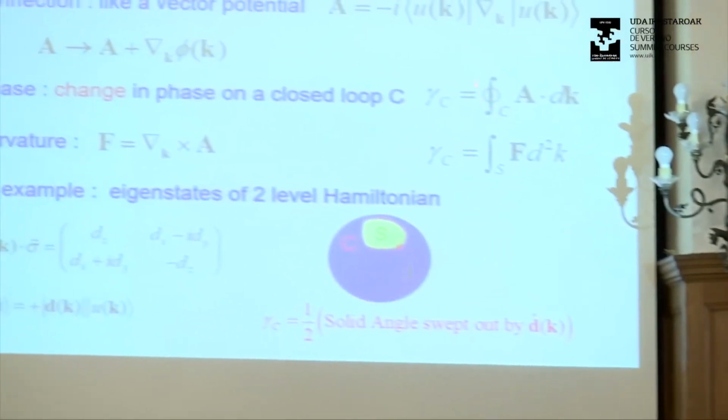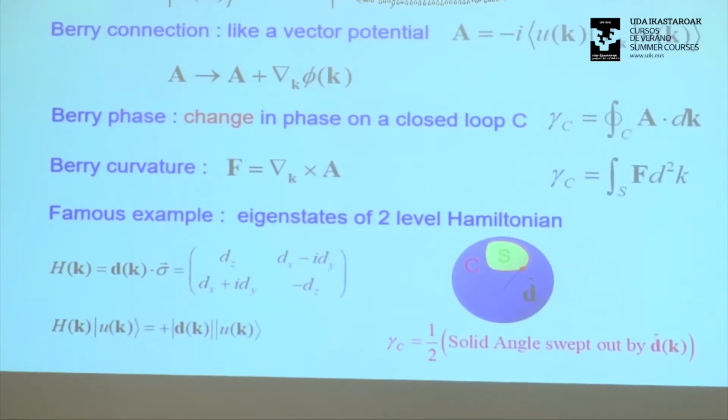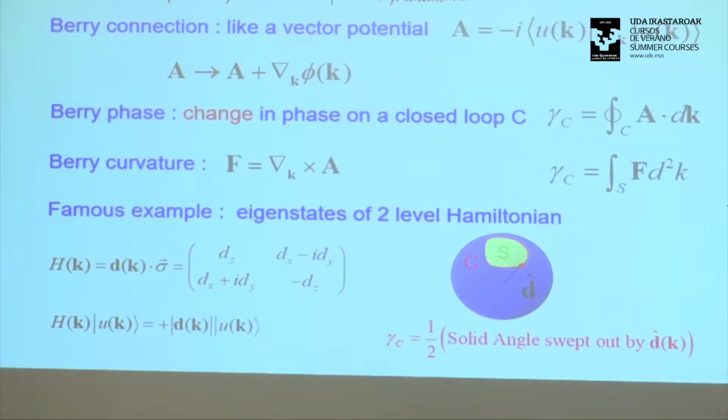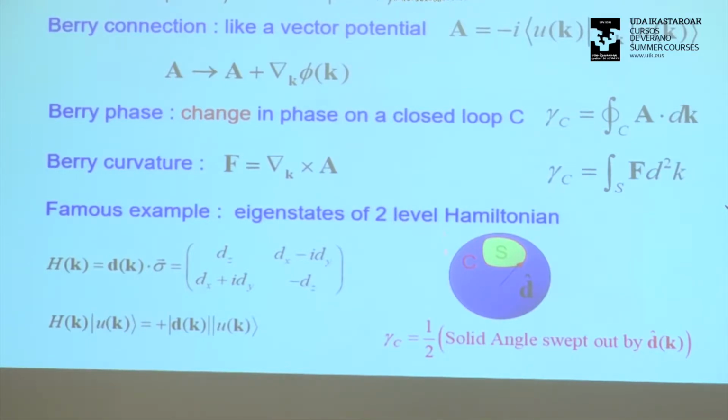If I imagine taking k through a closed loop, then this vector d will sweep out some solid angle on the sphere. And so Berry's famous result is that the Berry phase is exactly equal to 1/2 of that solid angle.